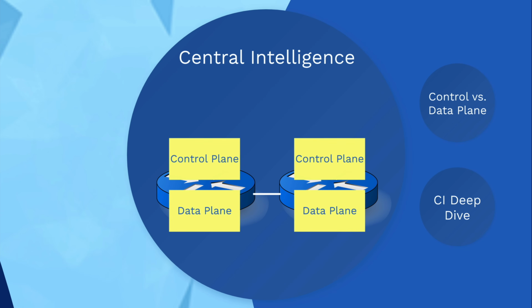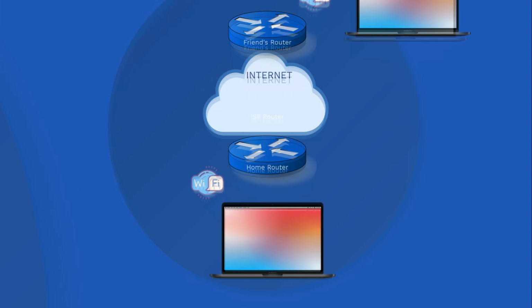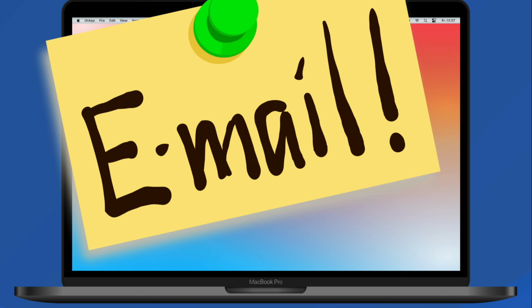So if we look at a traditional network, we have the data plane and control plane located on the same device. And let me explain what data plane and control plane is. Let's imagine you're sitting on your laptop and you want to send an email to your friend. You type up that email and you hit send.